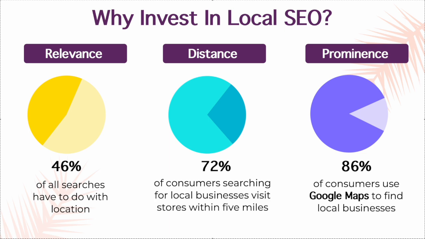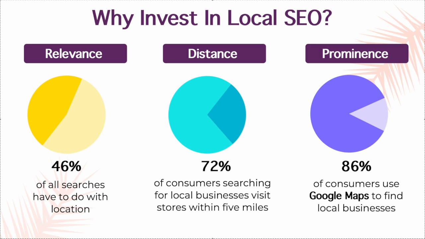So if it's active, if there are reviews, and we'll get into a little bit more about that. But ultimately, Google wants to show businesses that are engaged and open. They don't want people going to businesses that are closed. So it's really important to keep your profile up to date and update it as much as possible.